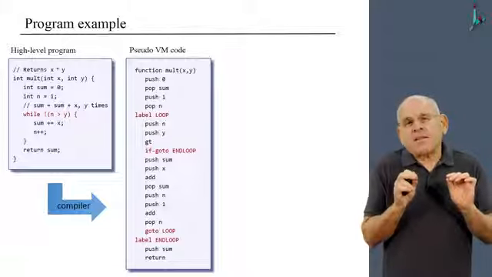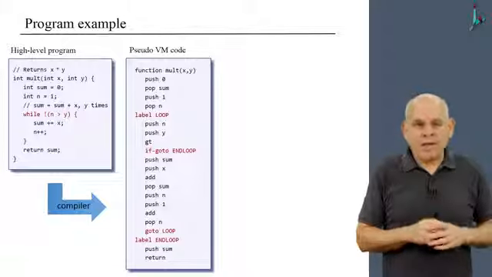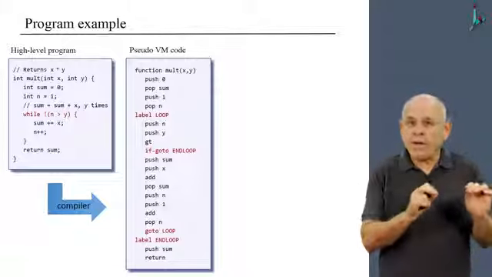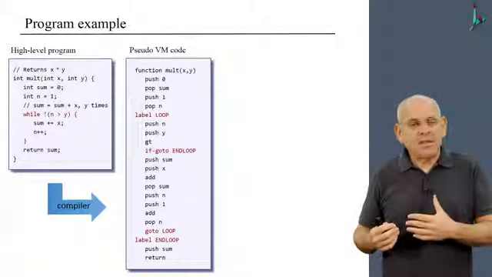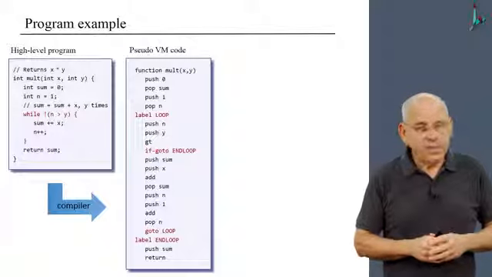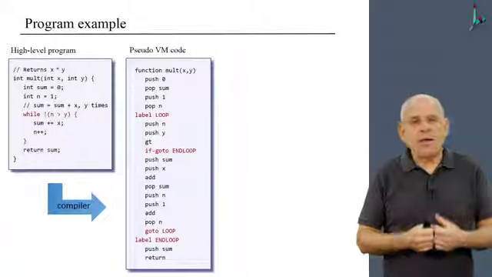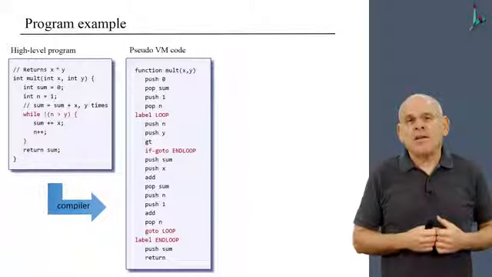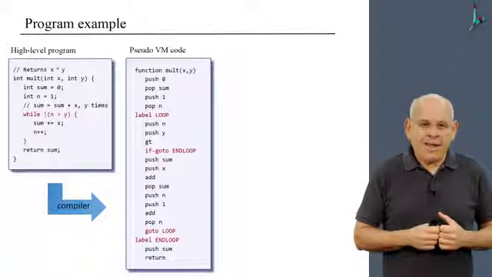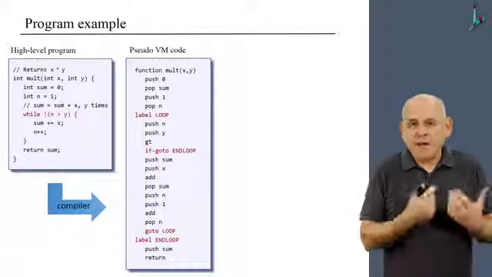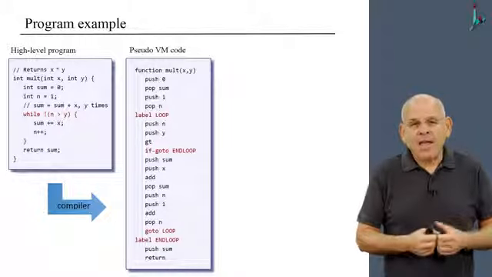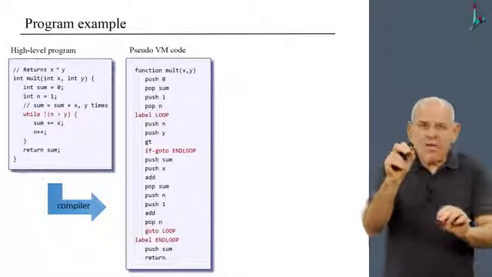So you see that what the compiler is doing is it's taking this while loop and rewriting it using go-to commands. And in order to achieve this rewriting, the compiler also has to invent and generate some labels and insert the labels in the right places.